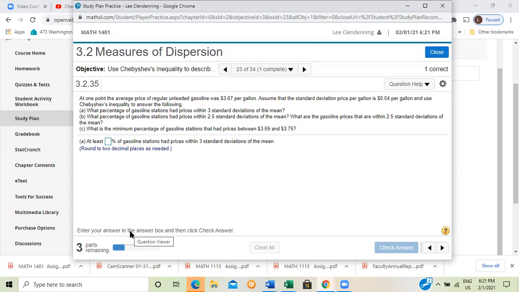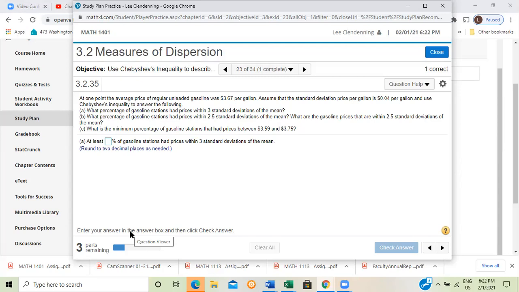And part C, minimum percent of stations with prices between 3.59 and 3.75.